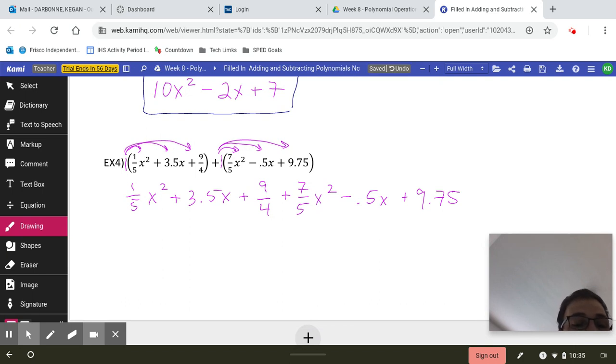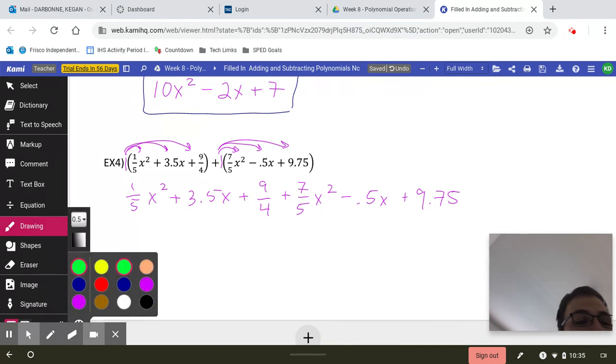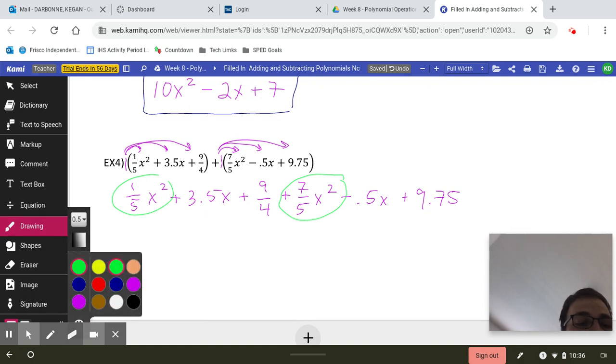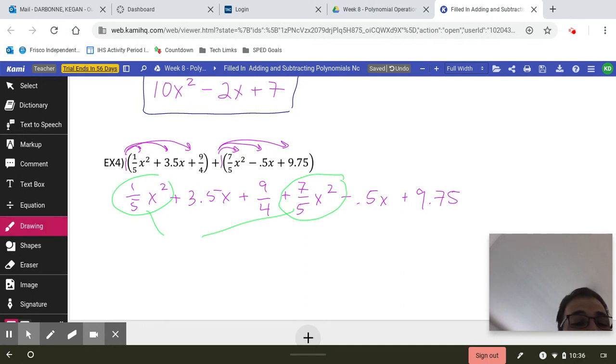Okay, so now I can start looking for some like terms. So I have 1/5 x squared and 7/5 x squared. Those are both positive, so I'm going to add them together. 1/5 plus 7/5 is 8/5. So we have 8/5 x squared.